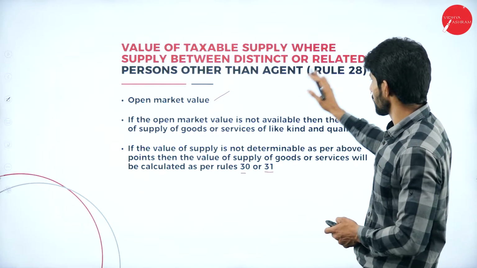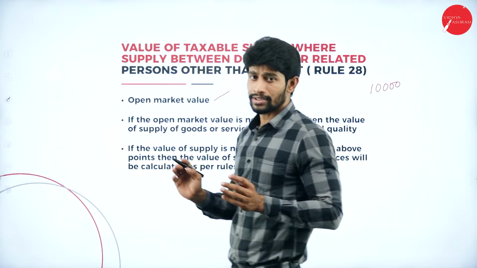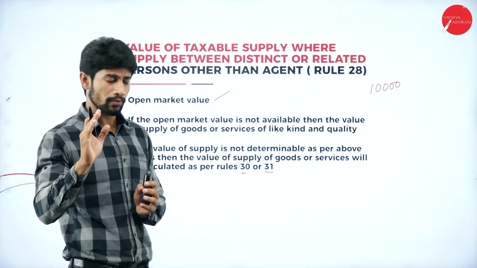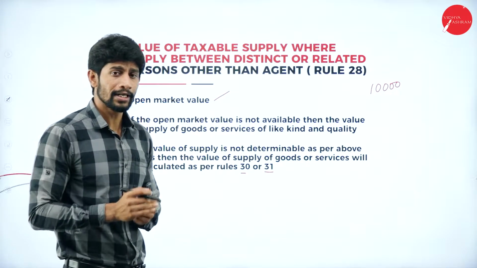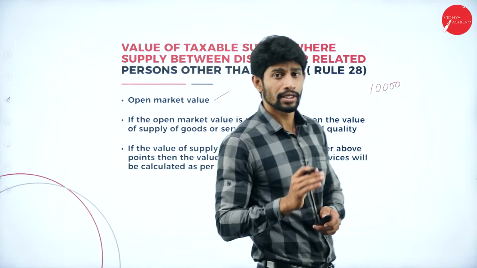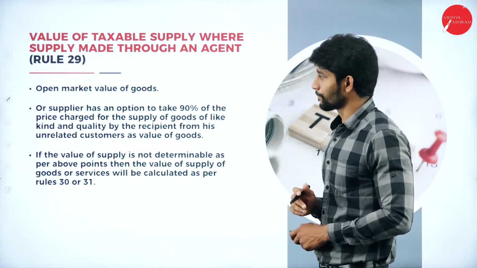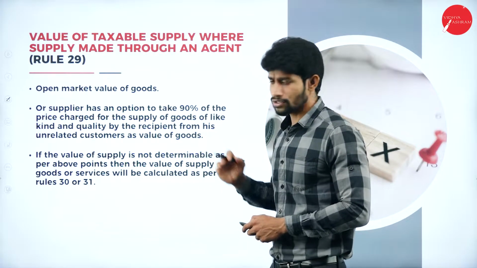So this rule is applicable to whom? Rule number 28: if the transaction is happening between two related parties, then rule number 28 is applicable. Next, rule number 29. In rule number 29, again we have three sets of conditions.